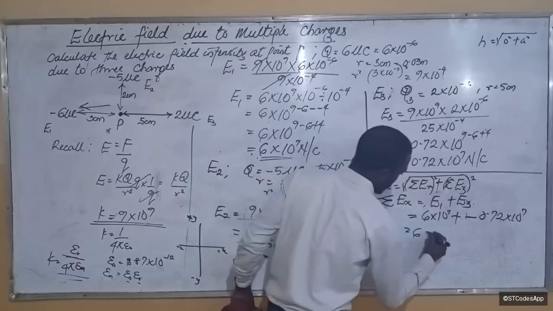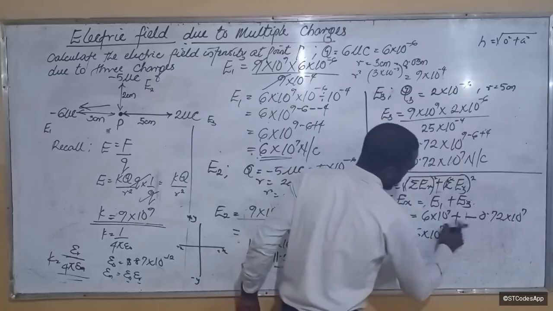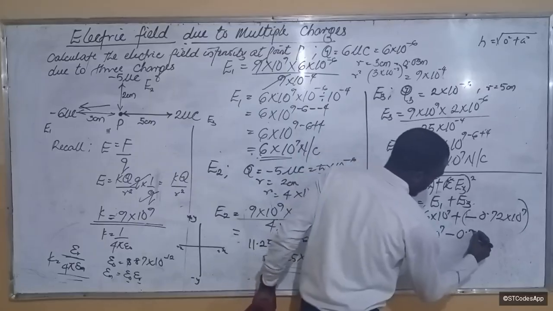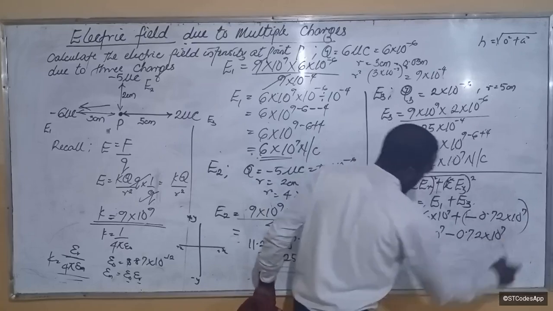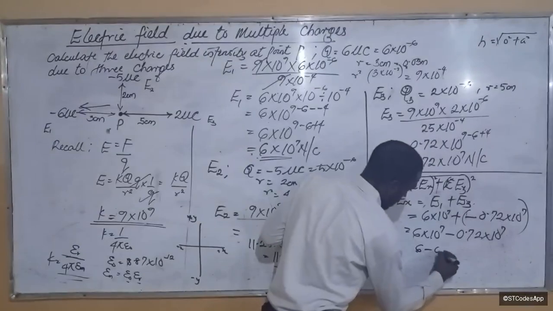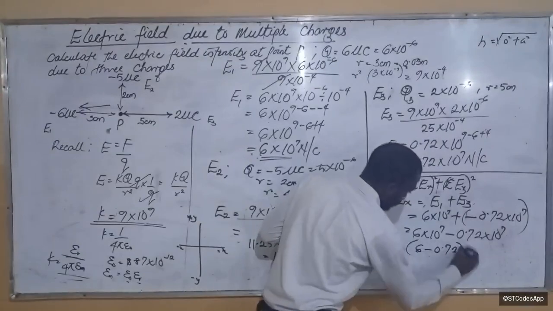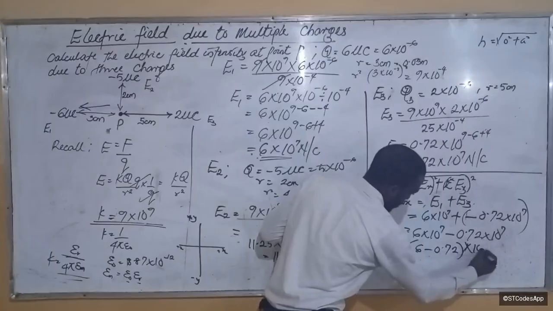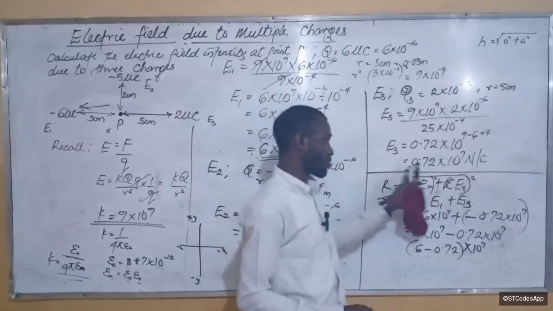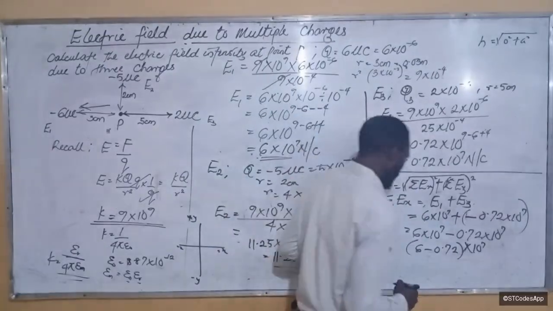So this becomes 6 times 10 to the power 7 plus times minus, minus 0.72 times 10 to the power 7. Now, times 10 to the power 7 is common, right? So we have 6 minus 0.72, both of them times 10 to the power 7. Do you now see why we did not change this? We did not convert this to standard form yet. All right.